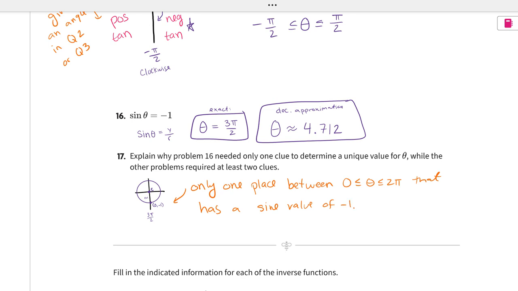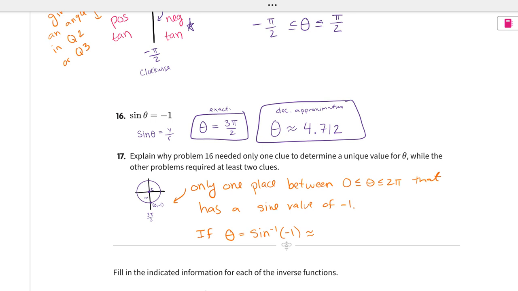of -1, right? If we had used sine inverse to do this, if we had done sine inverse of -1, our calculator would have probably given us the decimal version, right? It actually wouldn't have given us 4.712.